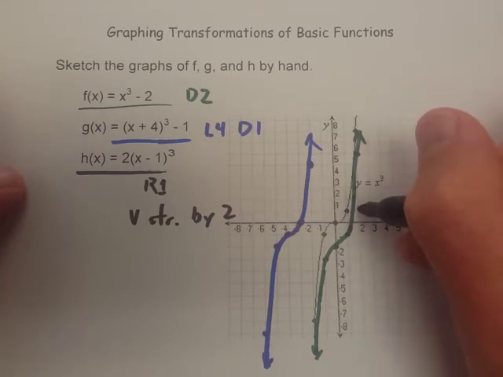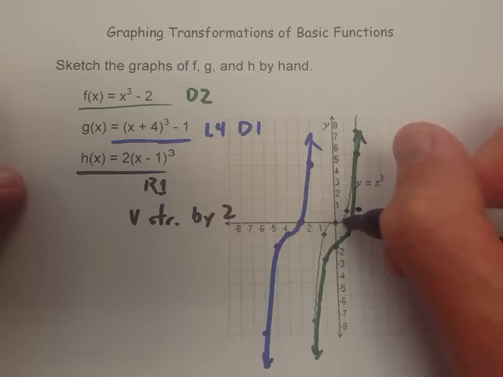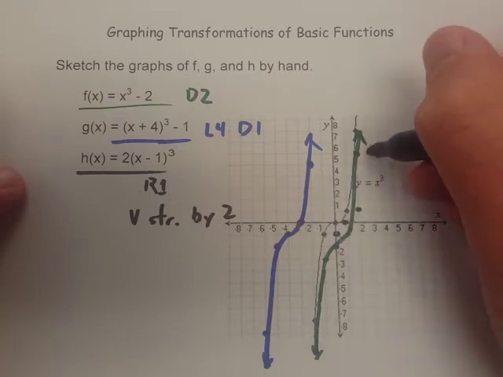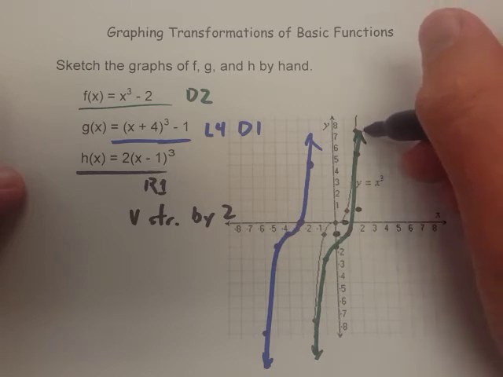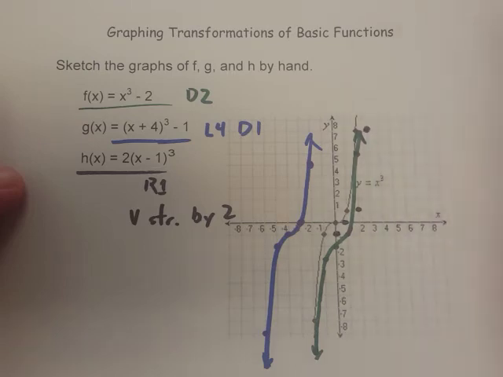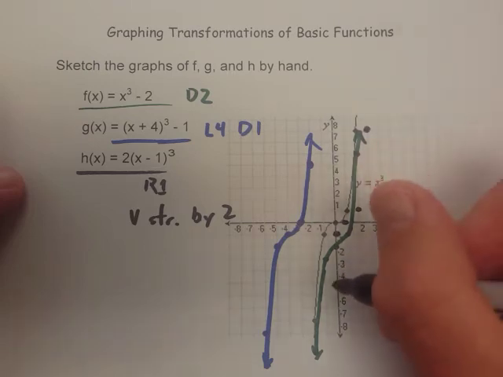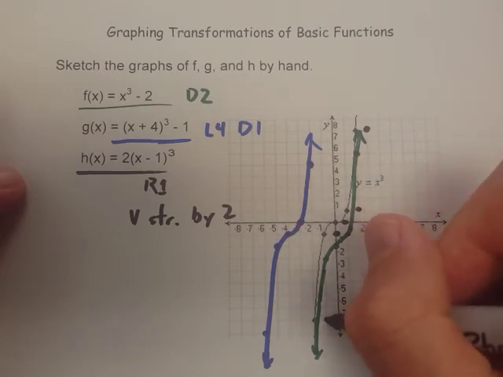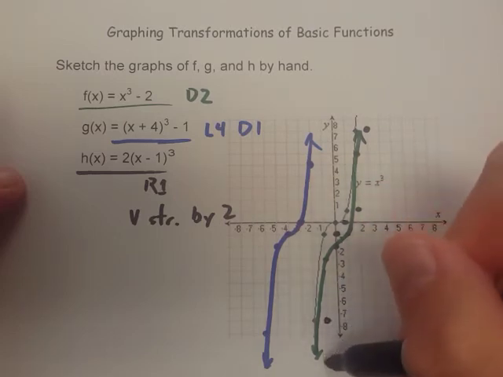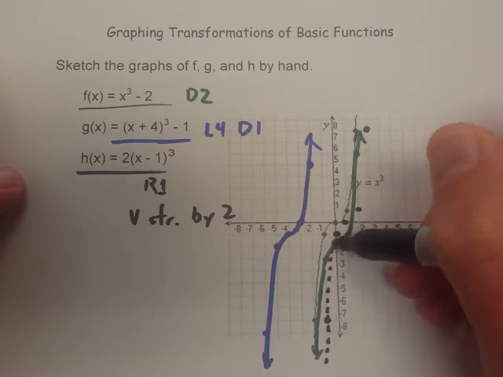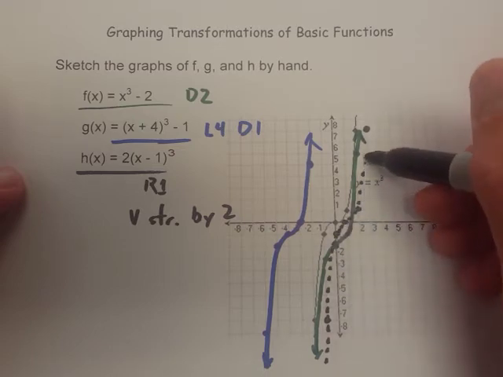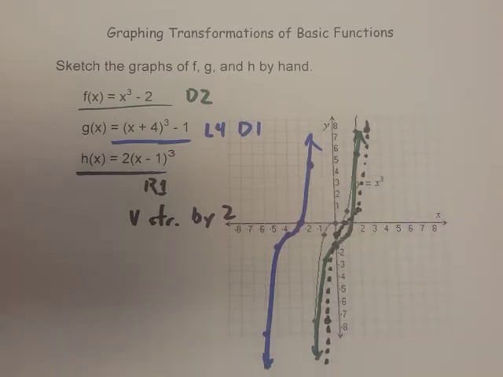I'll go to the right by 1. And I can put it in as a dotted line, and I can get my new version of this.